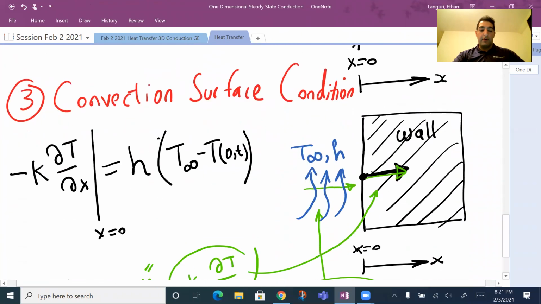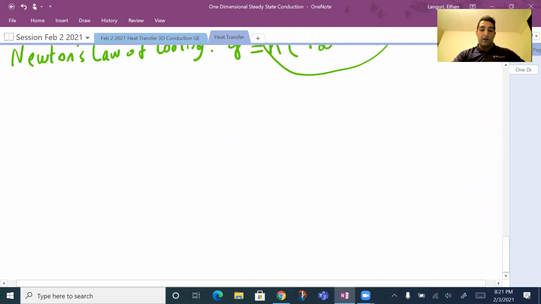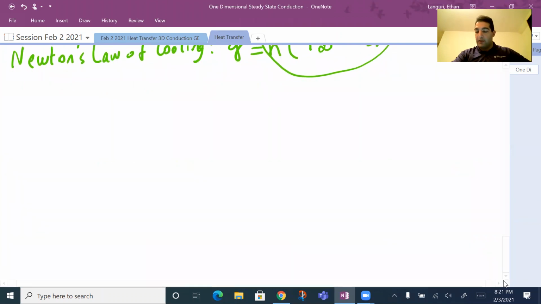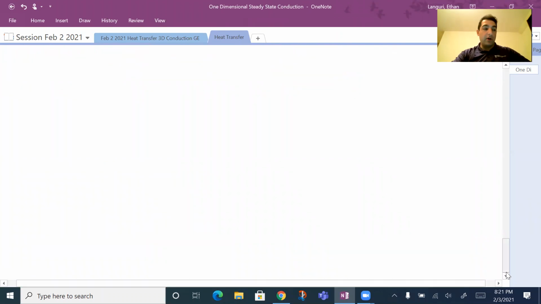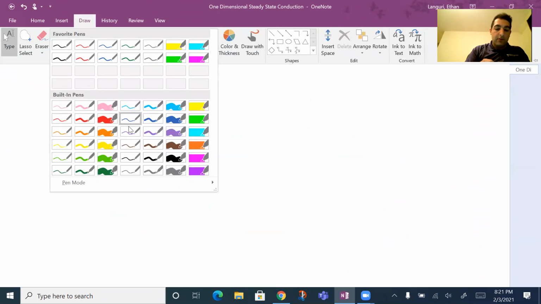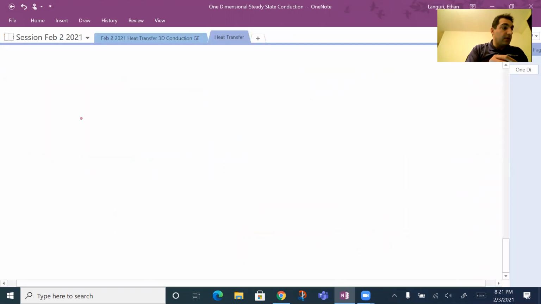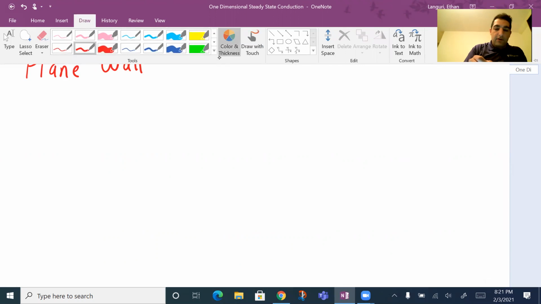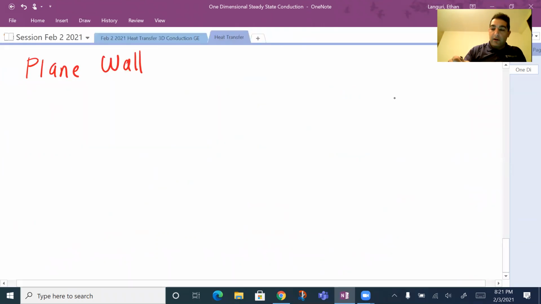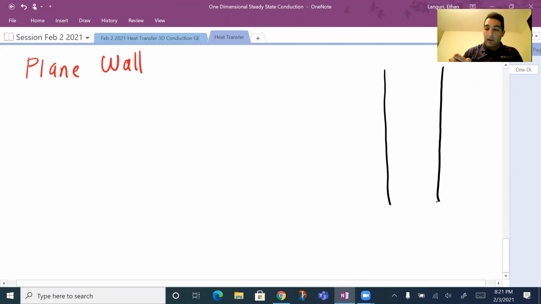We already talked about 3 different types of boundary conditions we might see in our heat transfer problem. Now let's go ahead and solve it for the case of a plane wall. In this case, what we're going to do is consider a plane wall like this. Again, I'm showing my wall as this.